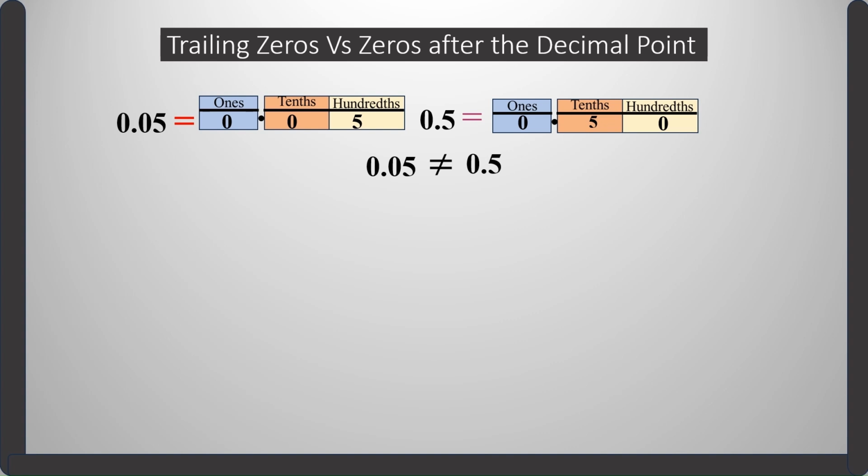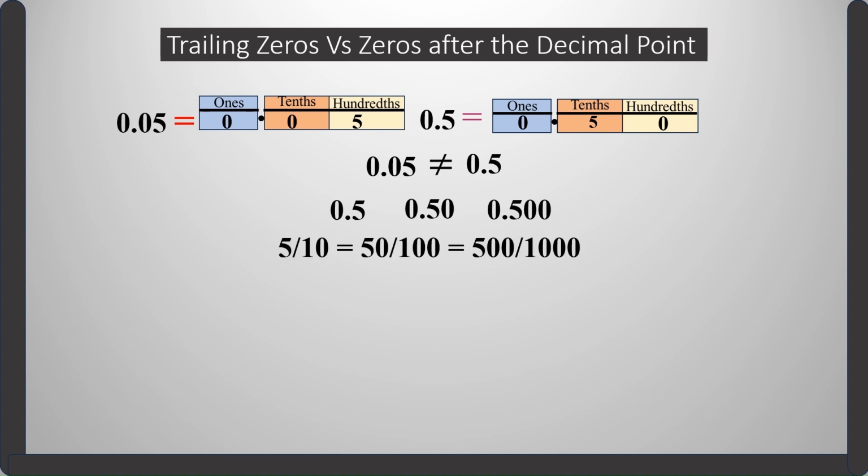Now what about the trailing zeros after decimal? In 0.5, 0.50 and 0.500, the extra zeros do not change the value. These are all equivalent decimals because they represent the same quantity.